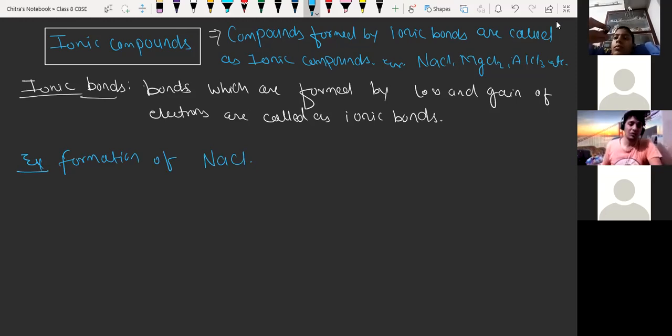Suppose sodium, it is a very soft metal with atomic number 11, present in solid state at room temperature. And we have chlorine gas, present in molecular form at room temperature, and when they react, they form sodium chloride, NaCl, a crystalline solid.